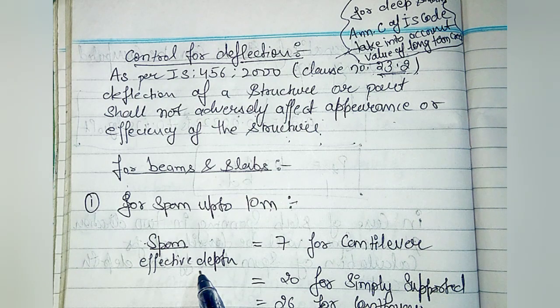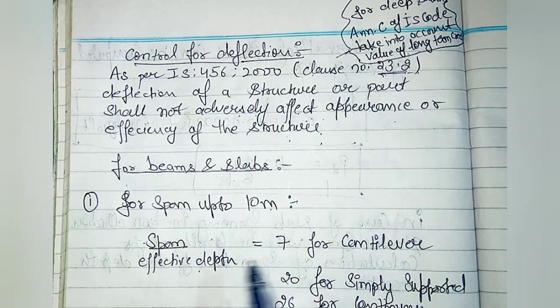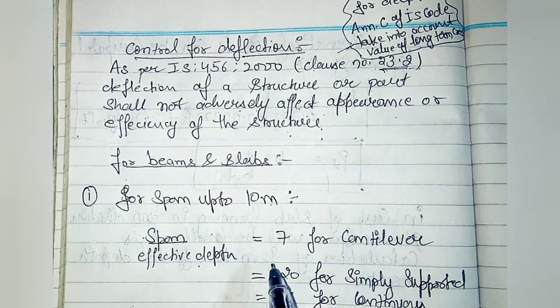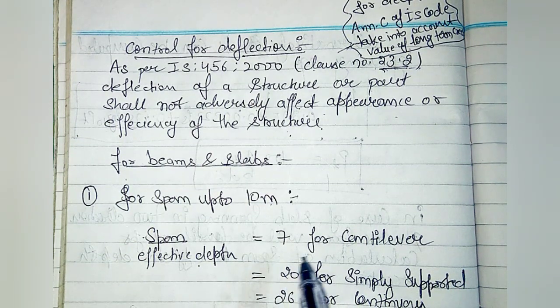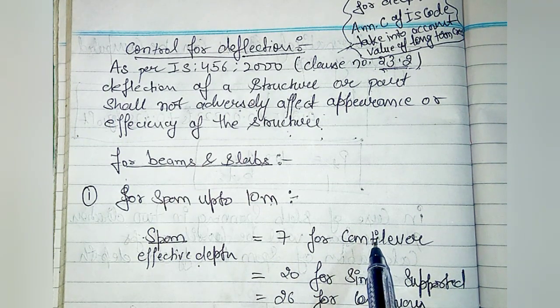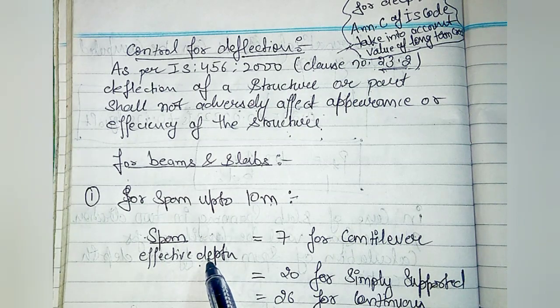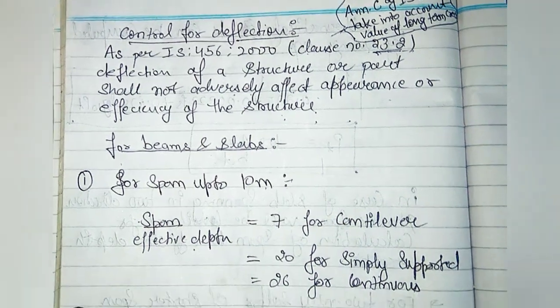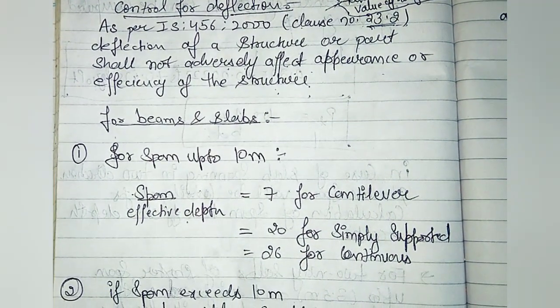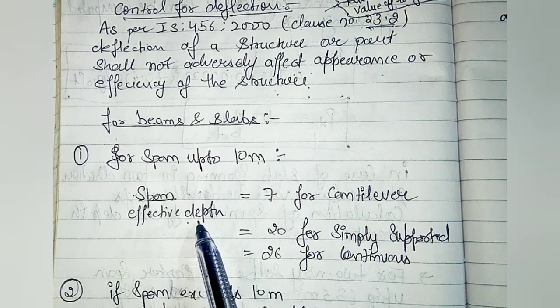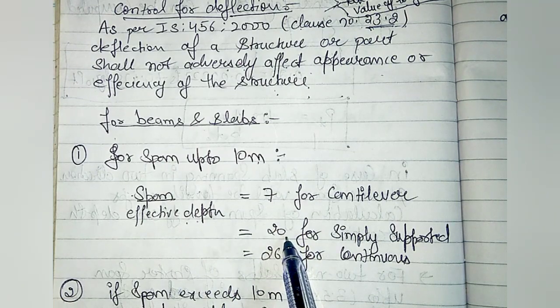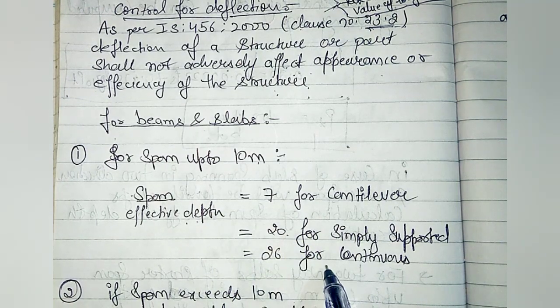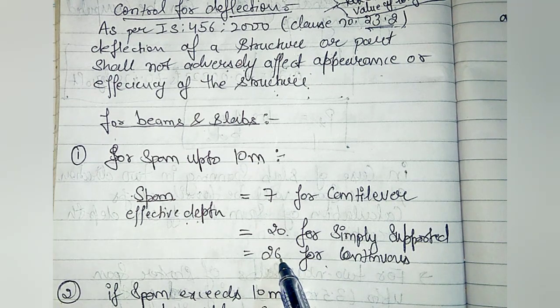For a cantilever section, the span to effective depth ratio should come about 7. For simply supported, it should come out to be 20, and for a continuous beam it should be 26.